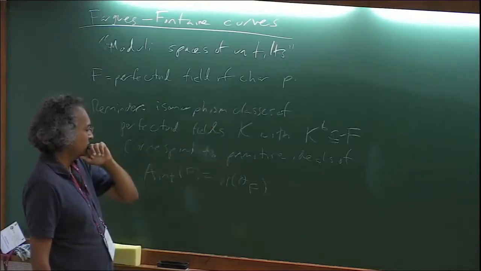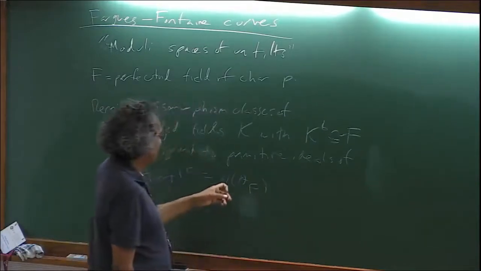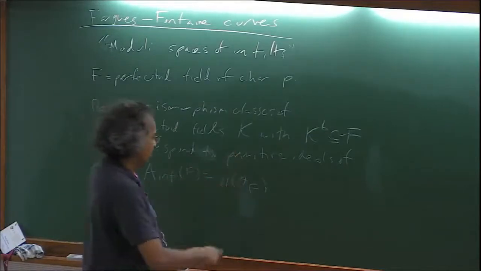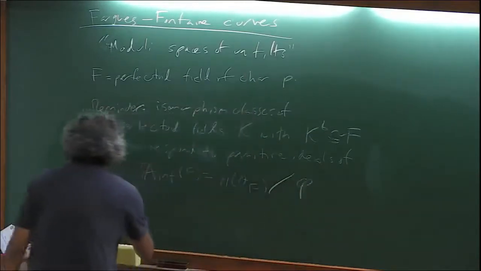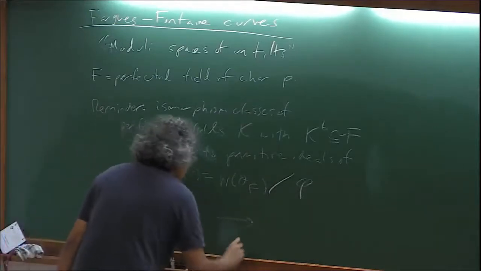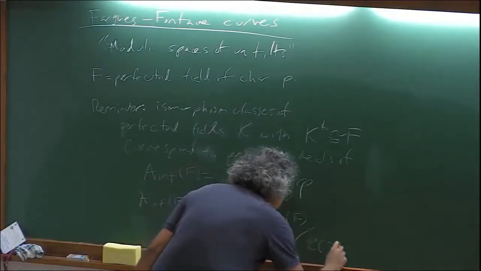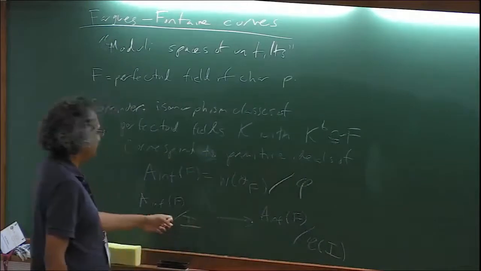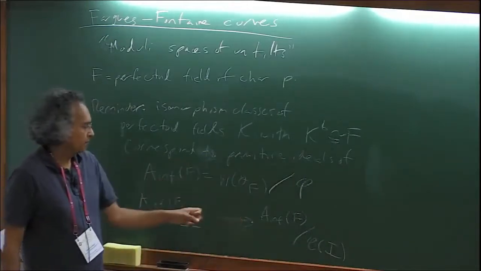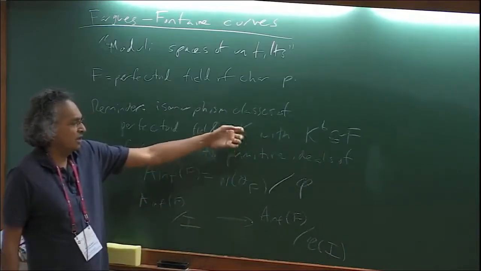There is, however, something missing in this, which is that the class of primitive ideals is acted upon by Frobenius. So if I take a primitive ideal I, then its image under Frobenius is again a primitive ideal. But of course, the perfectoid field K, the thing upstairs, does not have an action of Frobenius.